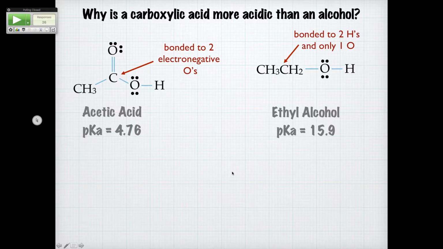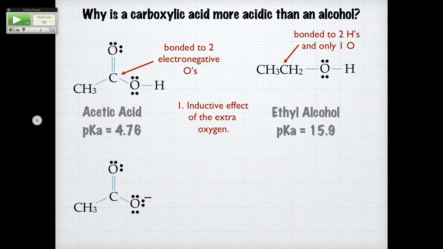So what kind of effect is that going to be? Inductive, right? So you get the inductive effect of the extra oxygen. But heck, we had 3 fluorines on that other one, and it only went down by 5. We're going down by 11. So there's something else involved.